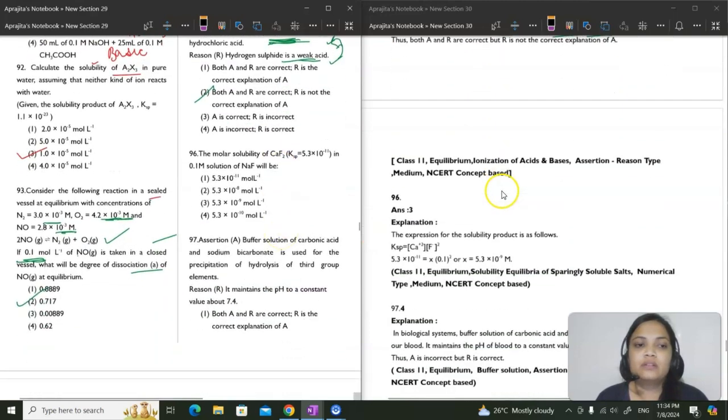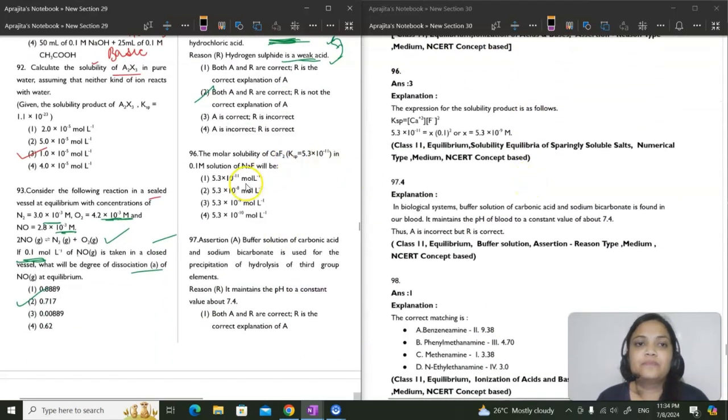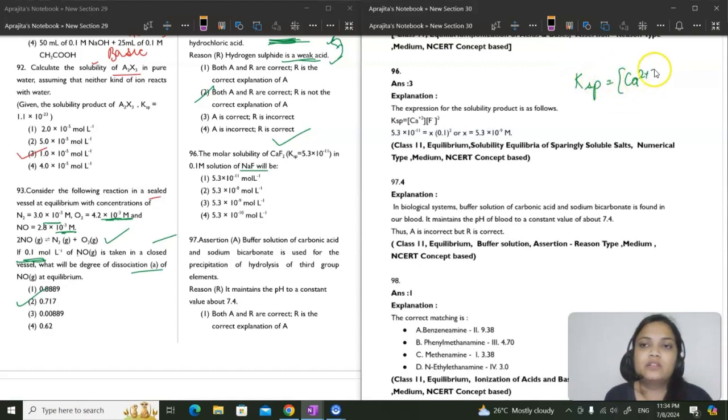Next, question number 96. Molar solubility of calcium fluoride in 0.1 molar solution of NaF will be? So from here you can write Ksp is equal to calcium ion concentration into fluoride ion concentration squared. We have to find the molar solubility in 0.1 molar solution of NaF, and the Ksp is given.